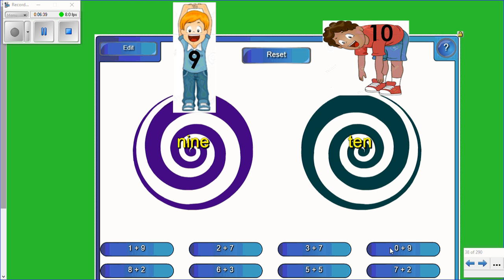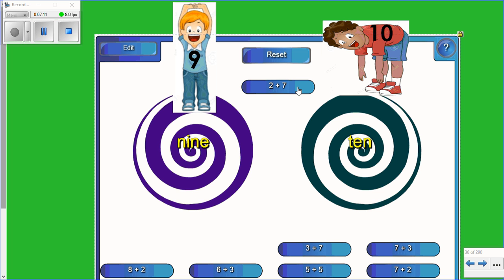Ready? 0 plus 9. Stretching up for 9. Ready? That means standing up with your hands at your side. 1 plus 9. Bending down for 10.